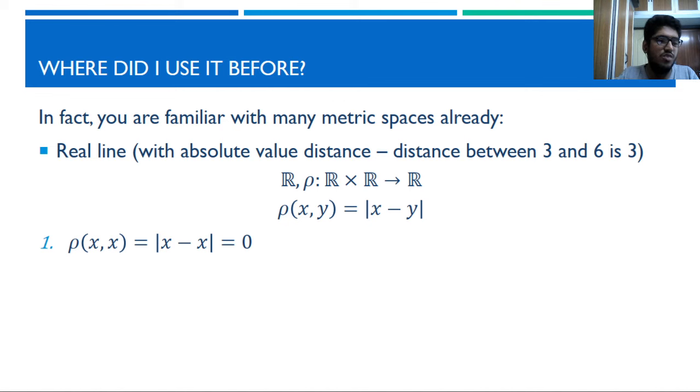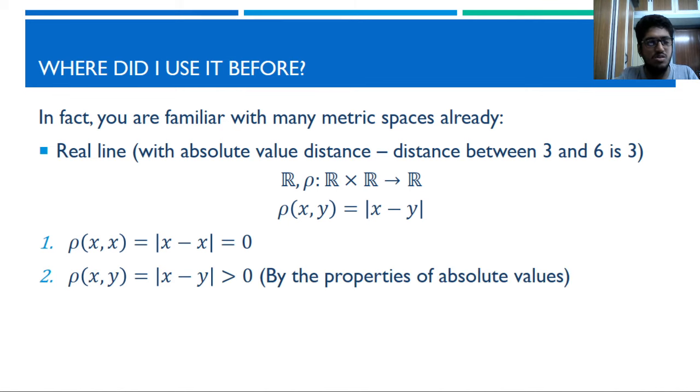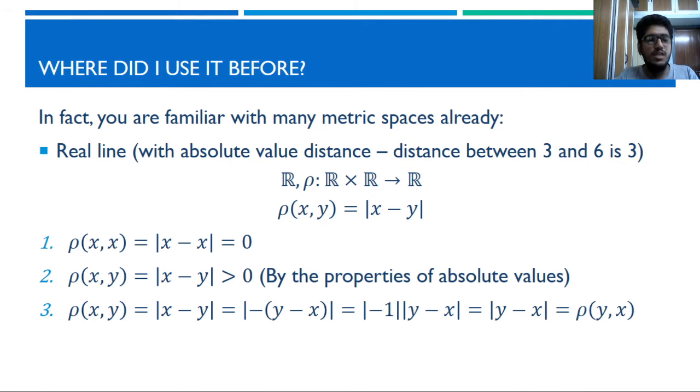Now let's look at the other conditions. Rho of x comma x is equal to the absolute value of x minus x, which is equal to 0. Trivial. X minus y will always be a real number, and the absolute value of a real number will always be non-negative. Now for the third condition, we are going to use a simple property of absolute value, that the absolute value of xy is equal to the absolute value of x times the absolute value of y.